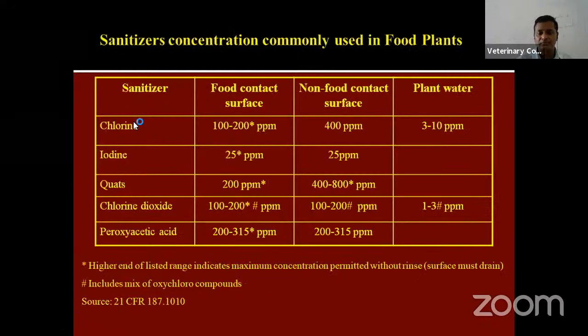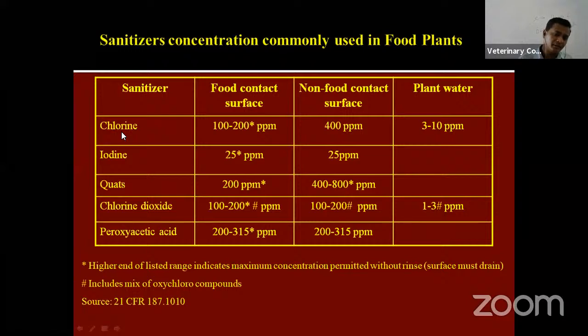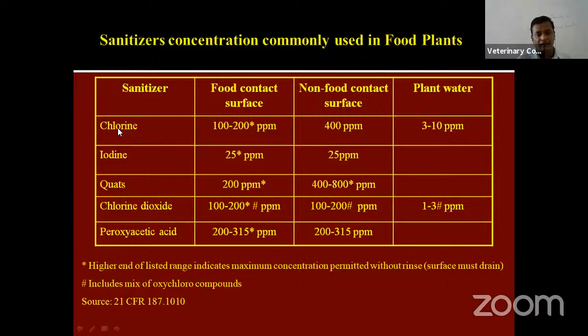And commonly used sanitizers in the food plant include chlorine, quaternary ammonium compound, peracetic acid. These are very common, although the list contains chlorine, iodine, quaternary ammonium compounds, chlorine dioxide, and peroxyacetic acid, PAA. But very common are chlorine, quat, and PAA. They are very much used.